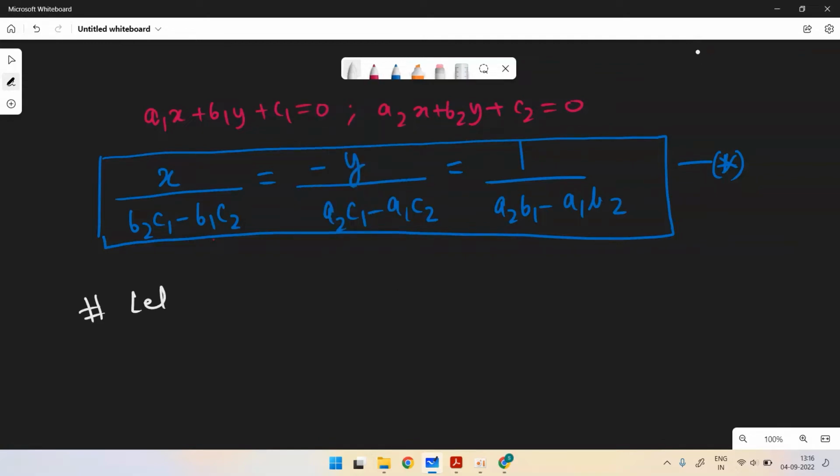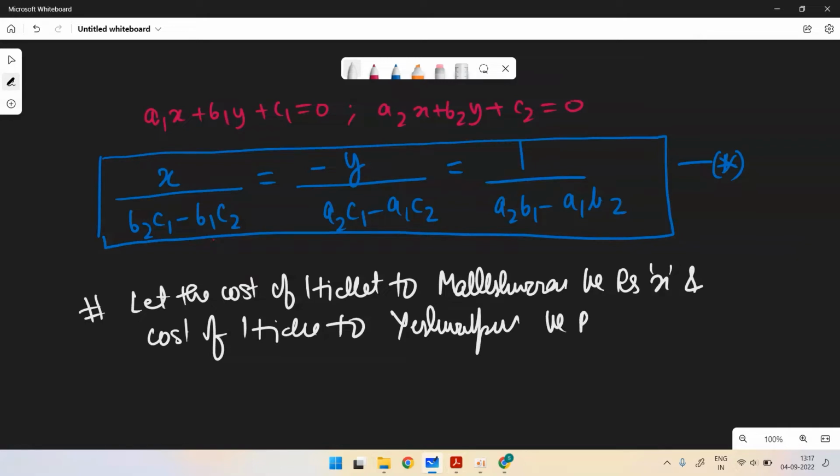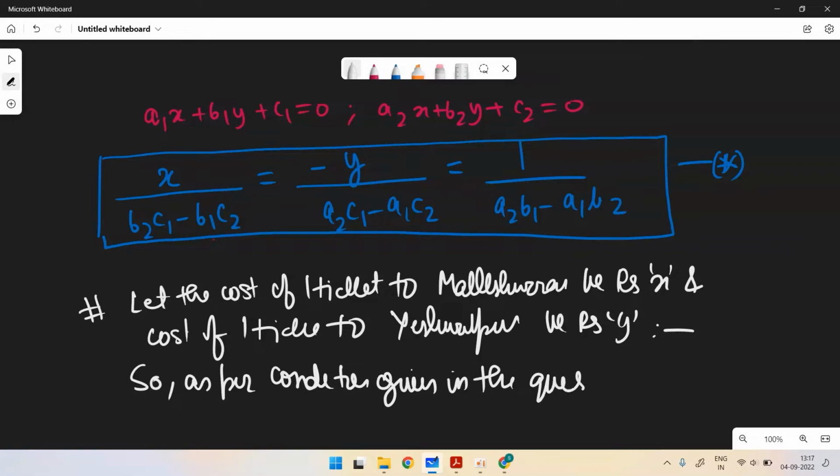Let the cost of one ticket to Malleswaram be rupees X, and the cost of one ticket to Yeshwanthpur be rupees Y. So as per the condition given in the question, what was the condition?